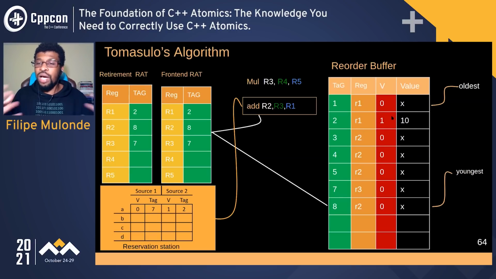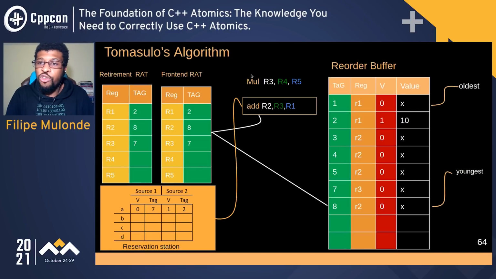It means that the value is present, or the value is ready. And at the reservation station, we update the validity bit of the register number 1 to 1. In that way, we know that the value is ready. But we cannot send this instruction to a functional unit because one of the operands is not ready.